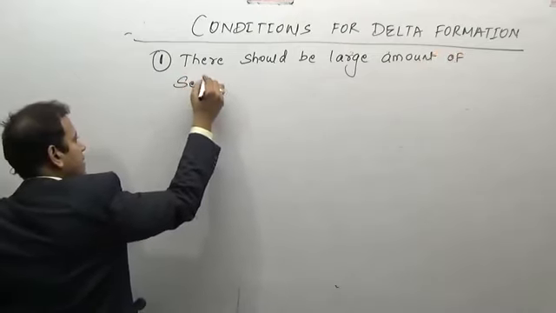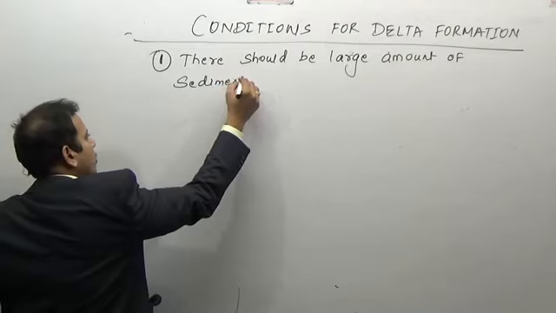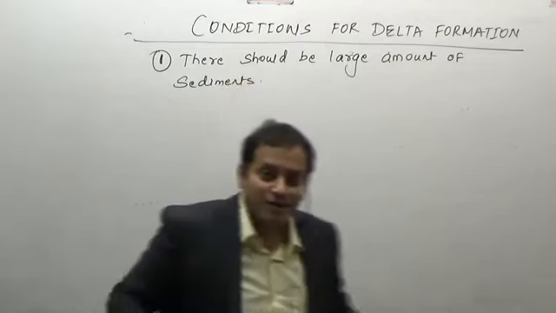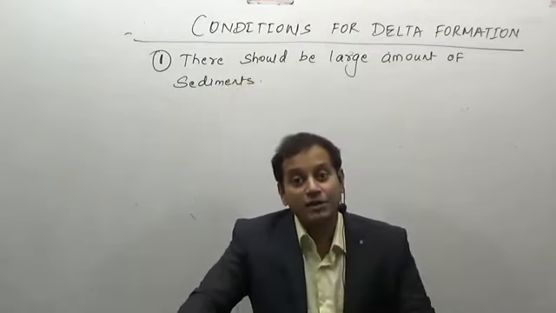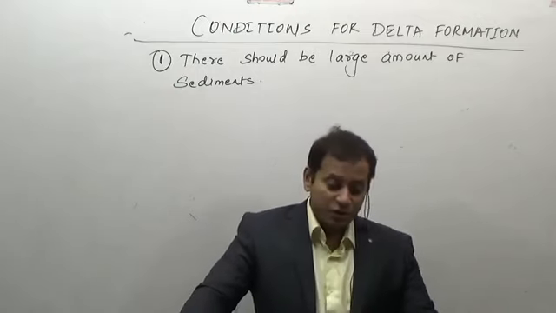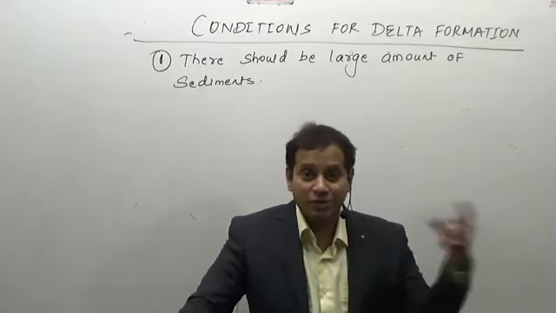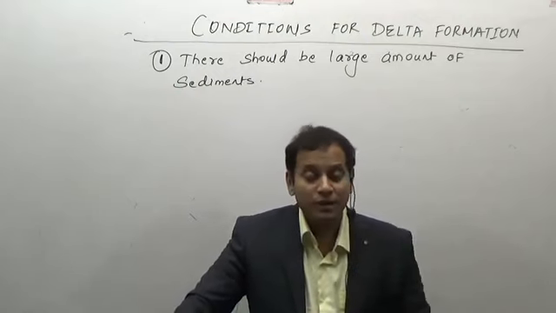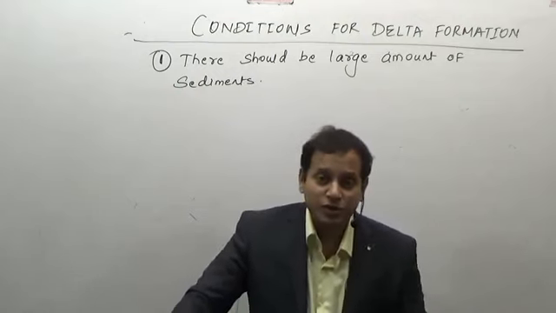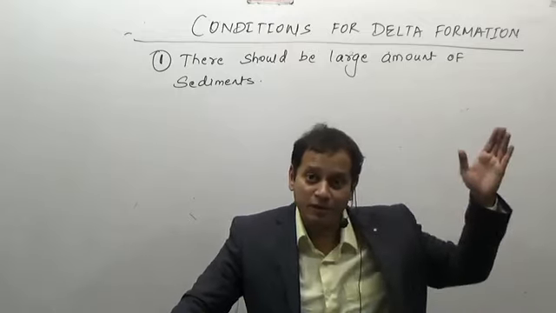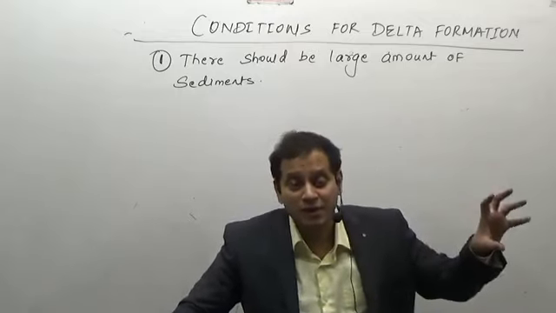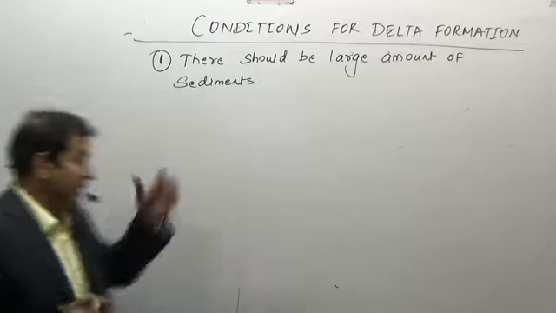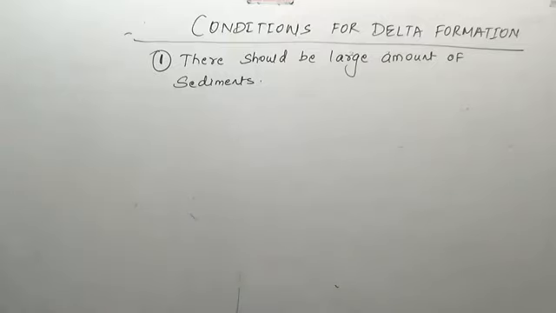So for a large amount of sediments, what should the river do? The river should erode. The river should have extensive erosion, then only it will get sediments. Sediments will come from erosion. So where will the erosion occur? In the upper part of the river. That means the river should engage in extensive erosion.